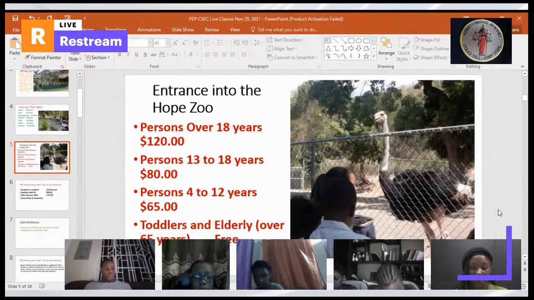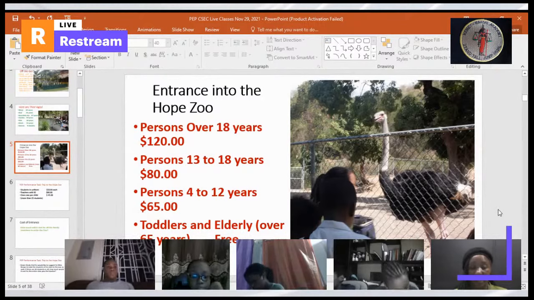Because now we have to work out how much money Kevin's entire family will pay to enter the zoo. And the rate is according to age. Some persons get to go in free of cost. Some persons pay a minimum amount, other persons pay more depending on their age.